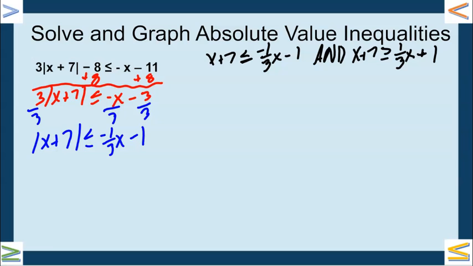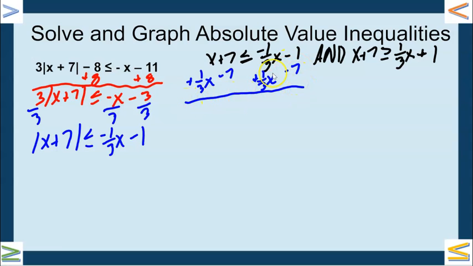So I'm going to get my x's to the left. So the opposite of subtracting 1/3 x is adding 1/3 x. And then I don't want this 7 here, so I'm going to subtract 7.